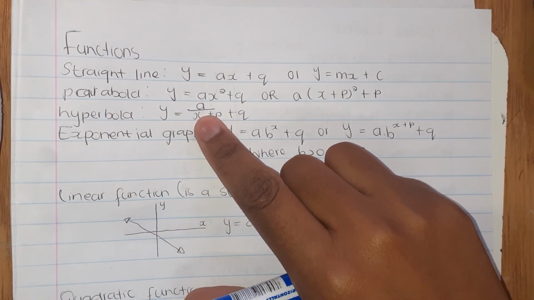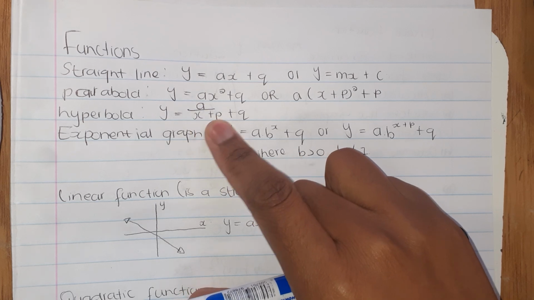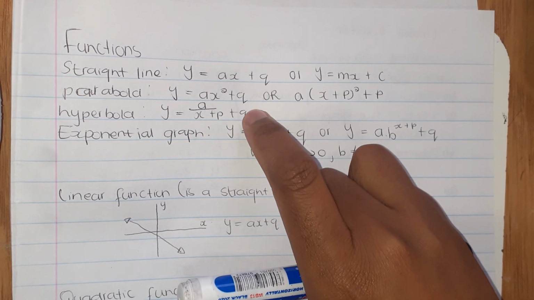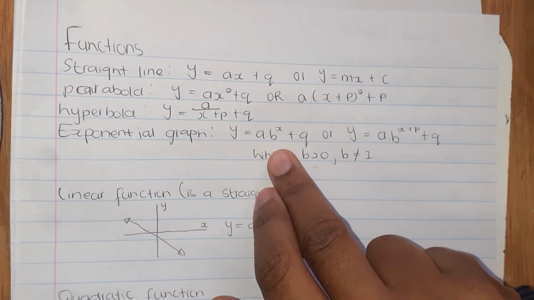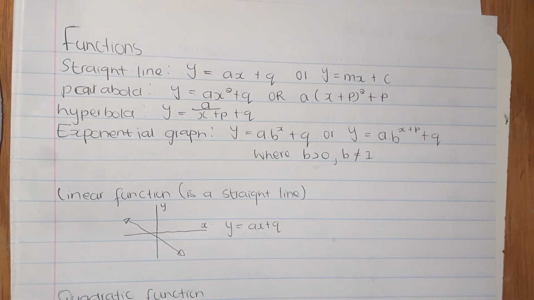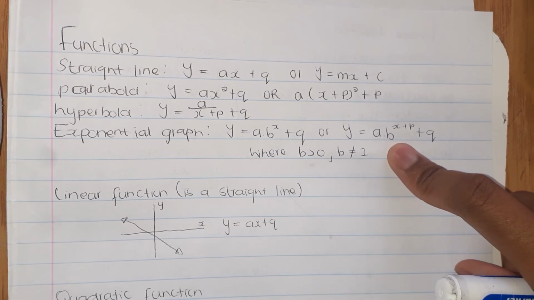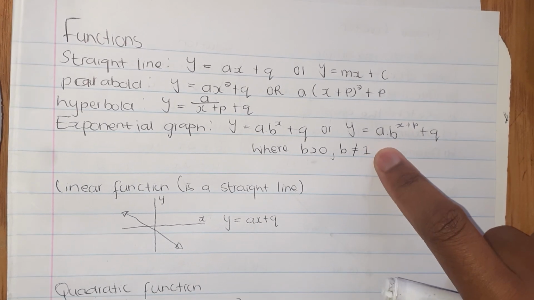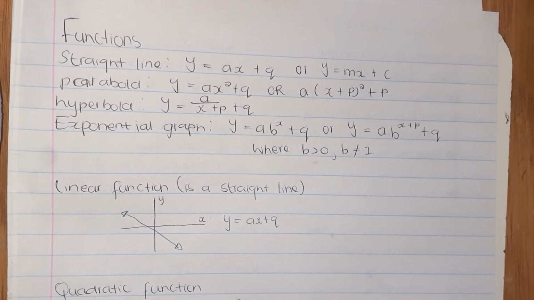And then a hyperbola is a over x plus p, plus q as well. And then we have exponential: y equals a times b to the power of x plus q, or a times b to the power of x plus p, plus q. This is how the formula can be written.